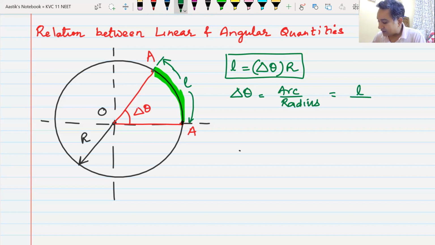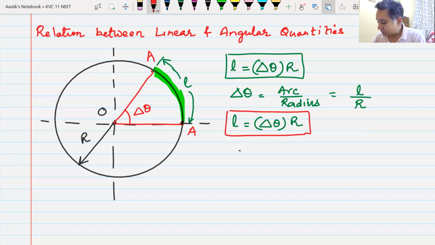The length of the arc is L, the radius is r. Therefore, I can write the length of the arc as the angle delta theta multiplied by r. Do we understand what I have done here? So this is the distance L that the body moves when the body turns by an angle of delta theta.